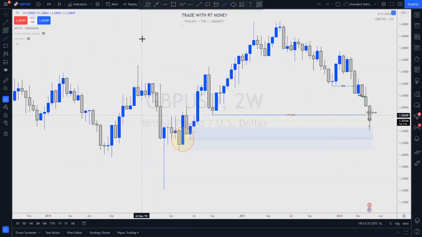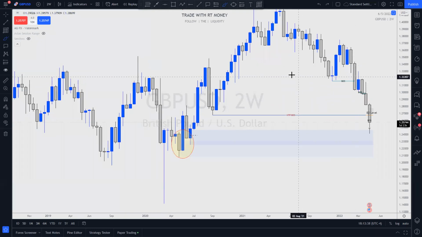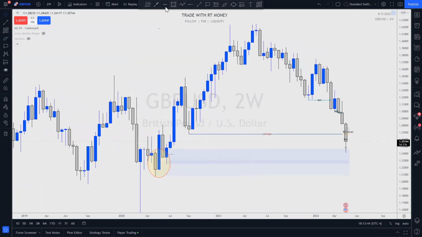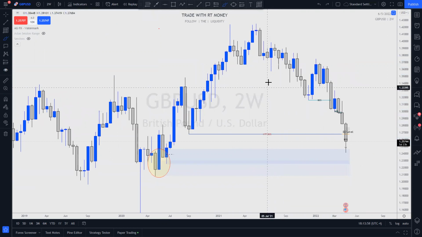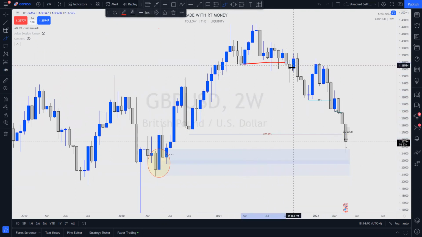Now, what I want to bring your attention to as we start this breakdown is that we are in a downtrend, right? Easy enough. We know that the pound is weak. Looking at this 2-week time frame, we can see that we're making lower lows and lower highs. All you want to look for is, are we breaking lows?